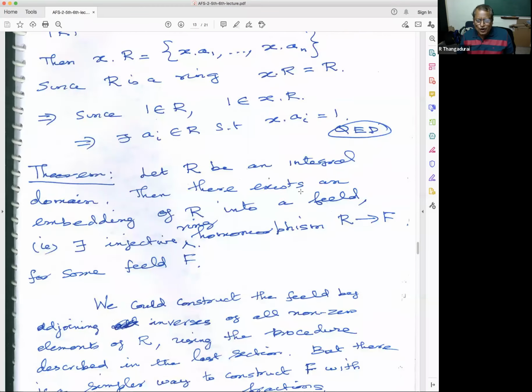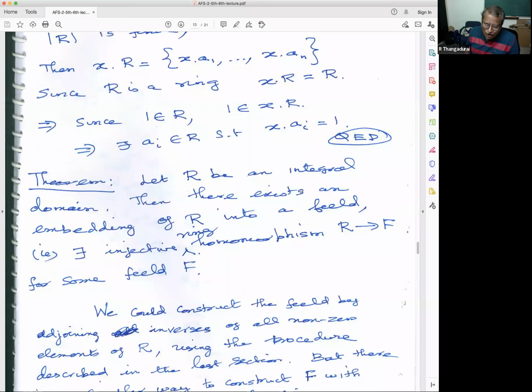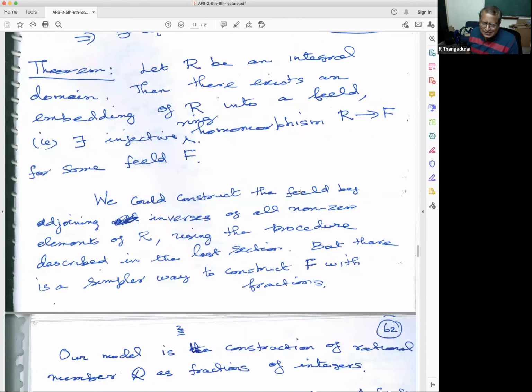So we want to create a field: given an integral domain R, we want to create a field F such that there exists an injective ring homomorphism from R to F. We could construct the field by adjoining inverses wherever an inverse is not there. Some elements may already have multiplicative inverses in R, so you leave those out. For elements that don't have an inverse, you start adjoining.